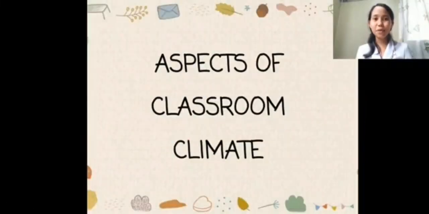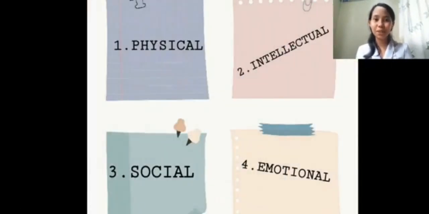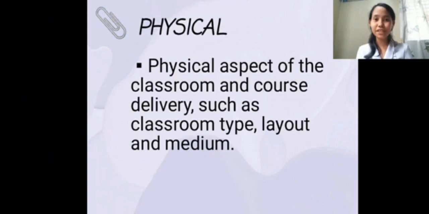Now, let's move on to the aspects of classroom climate. And these are the physical, intellectual, social, and emotional aspects. First, physical. This refers to the physical aspect of the classroom and course delivery, such as classroom type, layout, and medium.